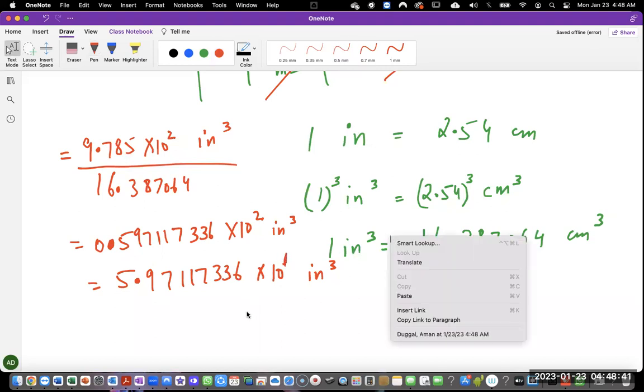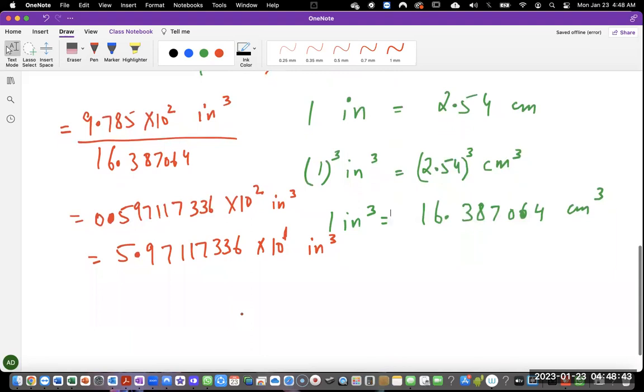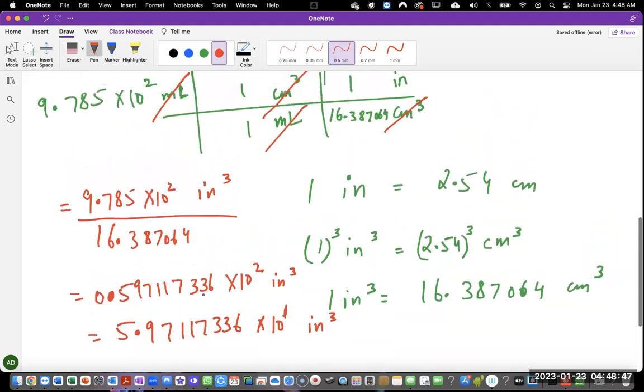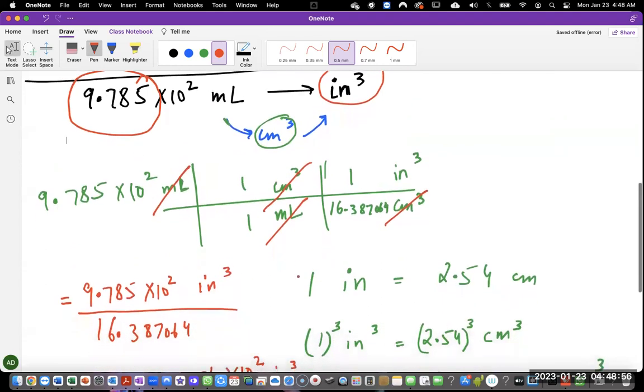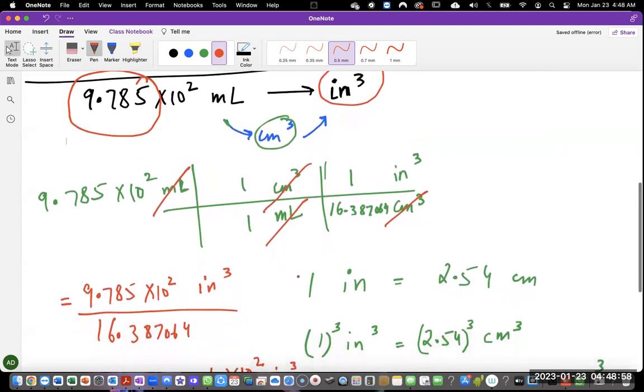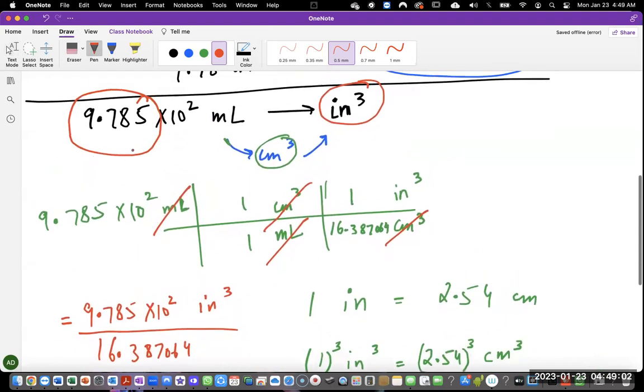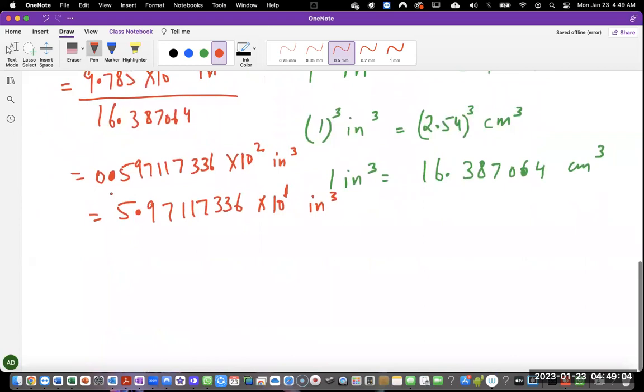Okay, so this answer right now is okay with scientific notation, but it's still not okay with the significant figures. So guys, the significant figures will come from the number that you started with. This number has 4 significant figures, and all we did was multiplication and division. So we just go by the least number of significant figures. So we have 4 significant figures, so I can only keep the 4.